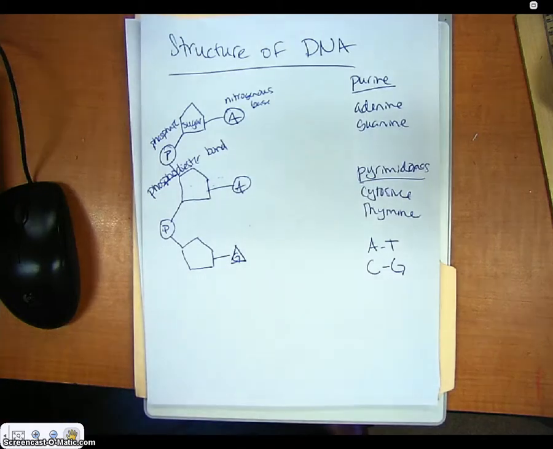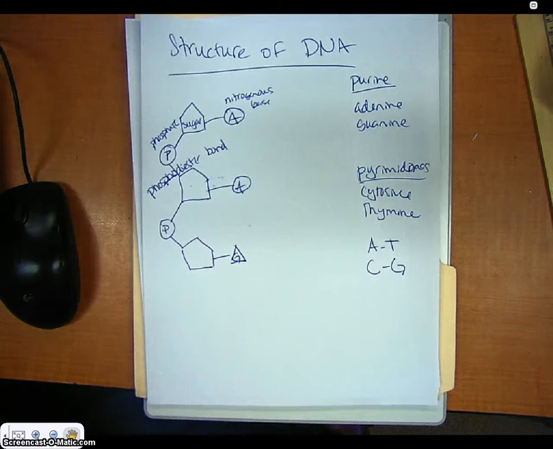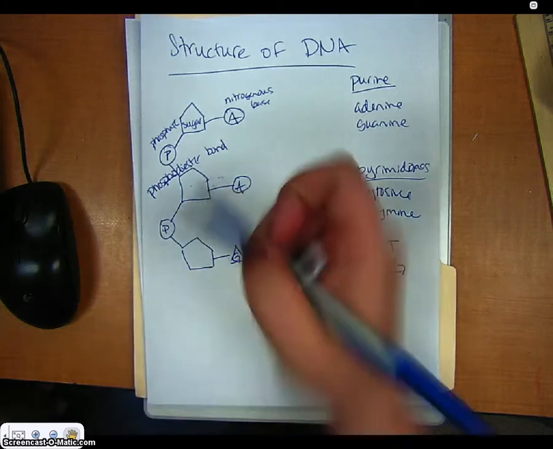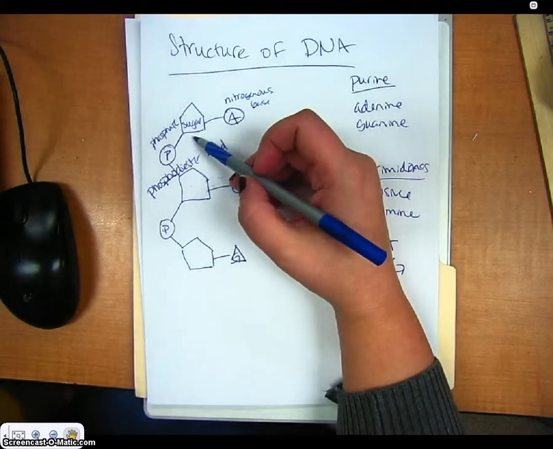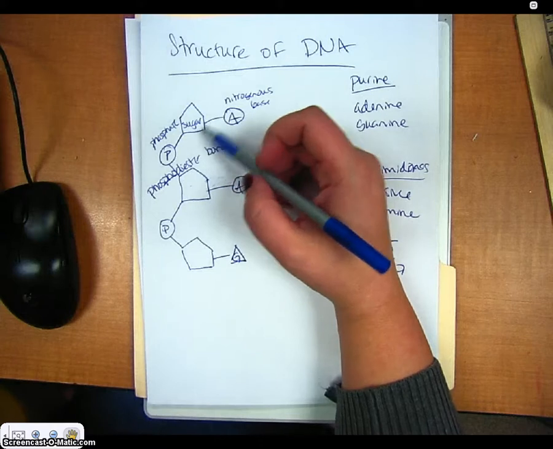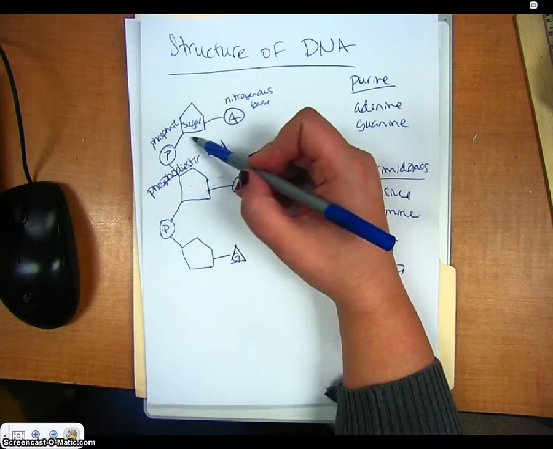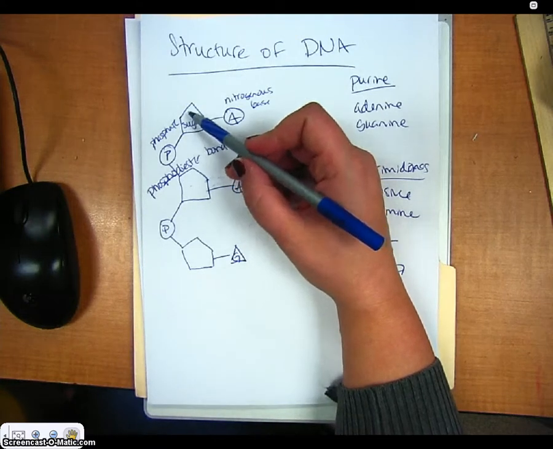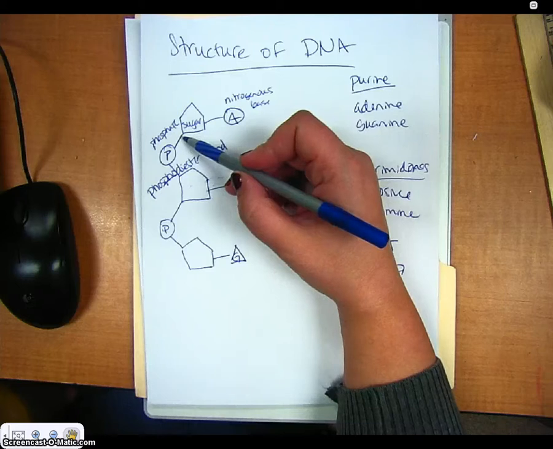Now, DNA also has a directionality to it, and it's given its directionality based on where the phosphate is bonding to the sugar. So in organic chemistry, we number the carbons, giving each carbon in this five-sided sugar ring a number.